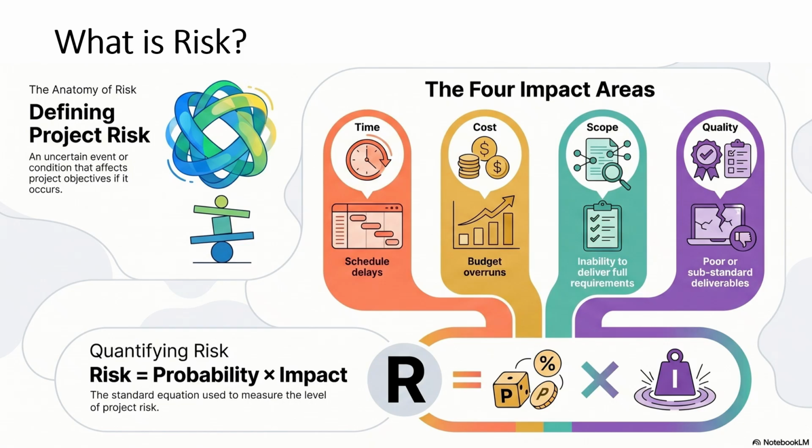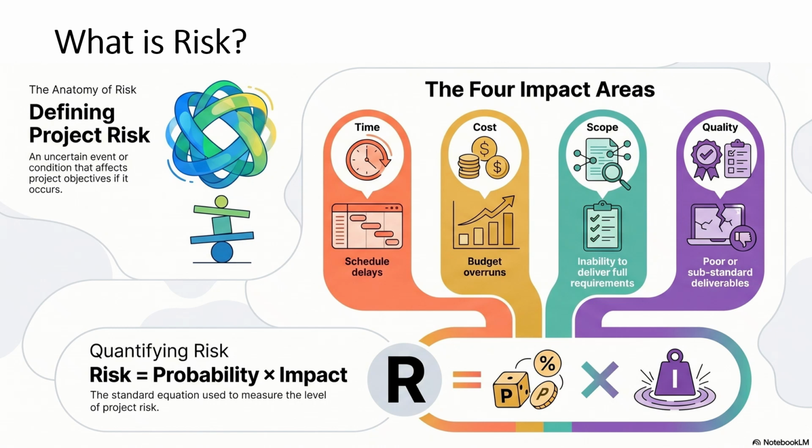Third is scope, where risk may affect the ability of the project to deliver all intended requirements. And fourth is quality, where risk may result in poor or substandard deliverables. So, when we discuss risk, we are really discussing anything that may threaten these important project objectives.